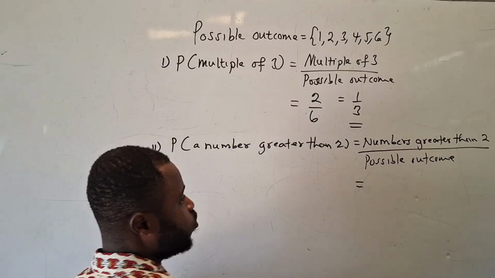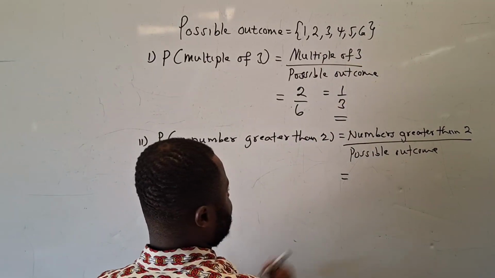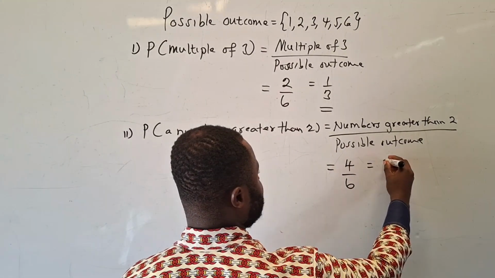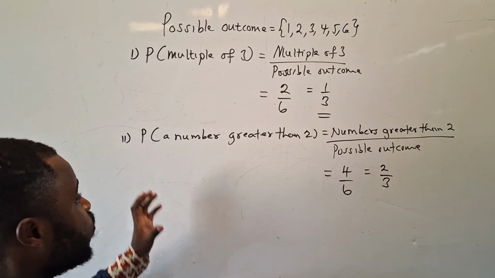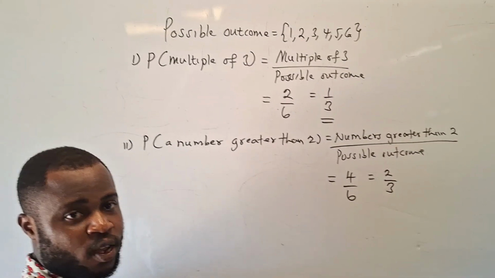What are the numbers greater than 2 on the die? We have 3, 4, 5, and 6. So we have 4 numbers out of the 6 numbers. When you break this down, you get 2 out of 3. So this is the probability of obtaining a number greater than 2 when a fair die is thrown once.